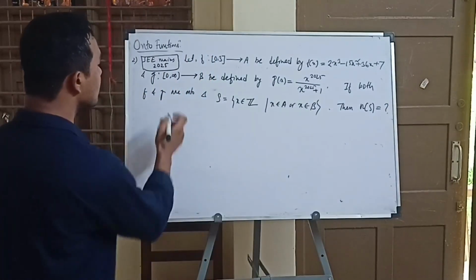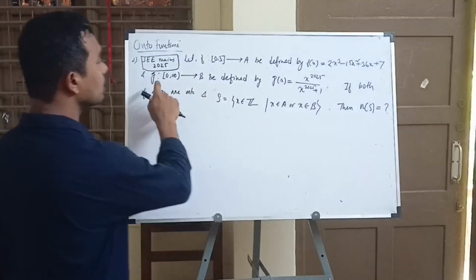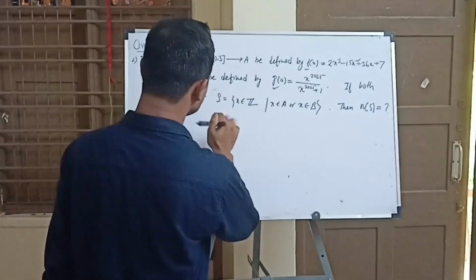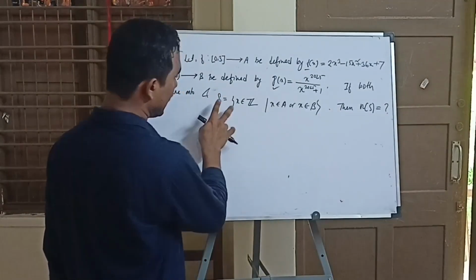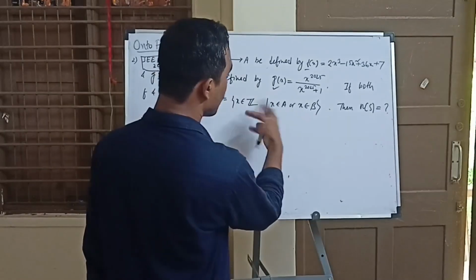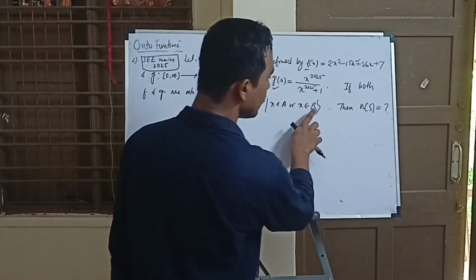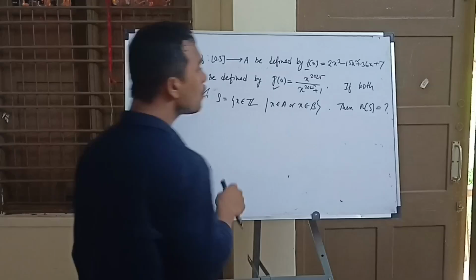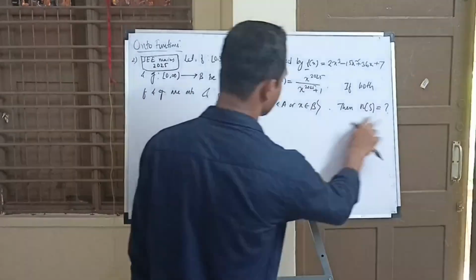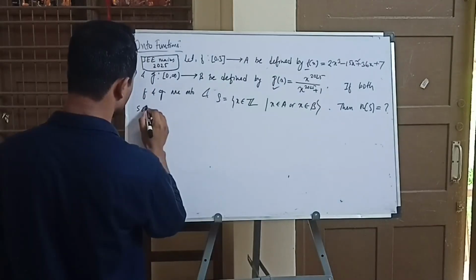If both f and g are onto, and S is the set of all integers coming from range A or range B, then how many elements are there in S? The question is this.